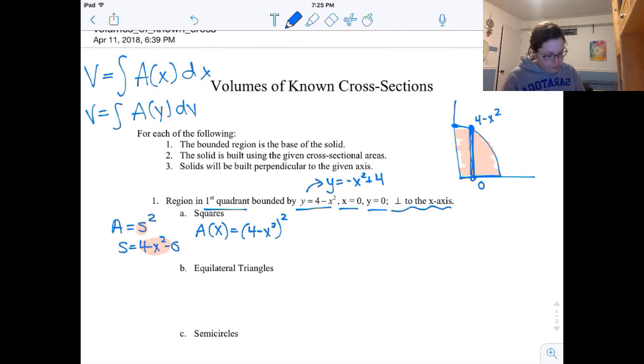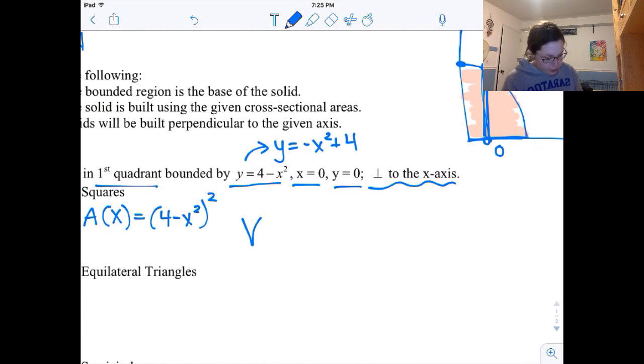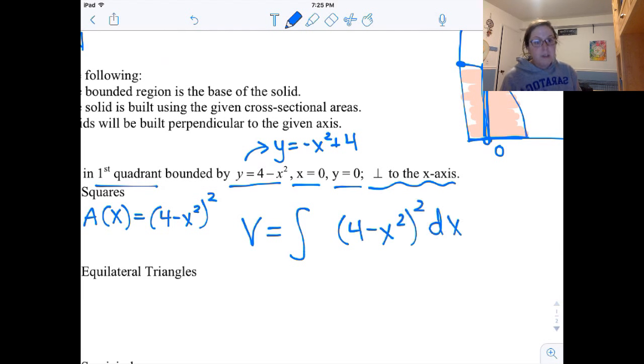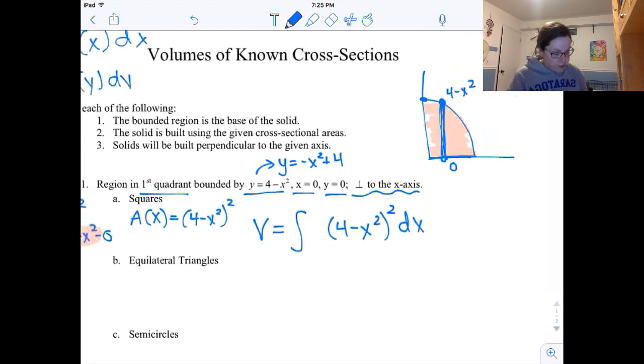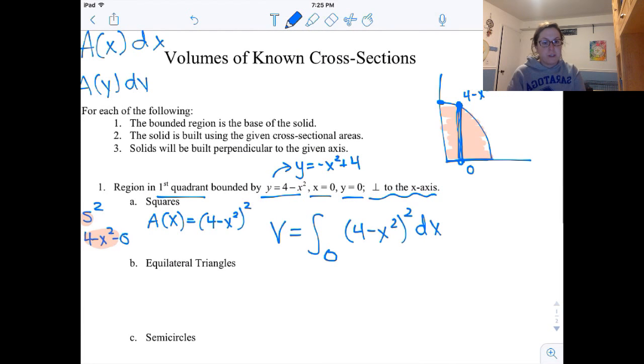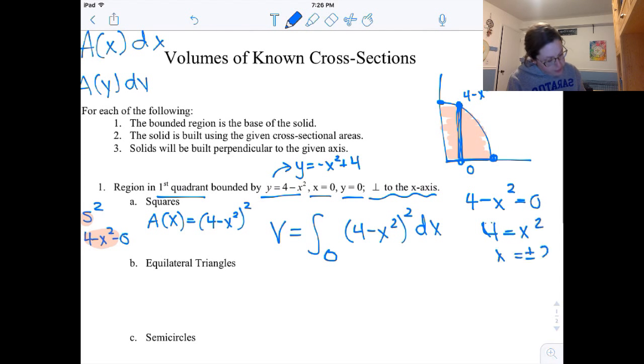To find the volume, I want to accumulate that over the given region. So volume will be the integral of the area. Now I need to know my bounds. It starts at 0 because we're in the first quadrant, but I need the x-intercept of that function. 4 minus x squared equals 0, so 4 equals x squared, and x equals plus or minus 2.